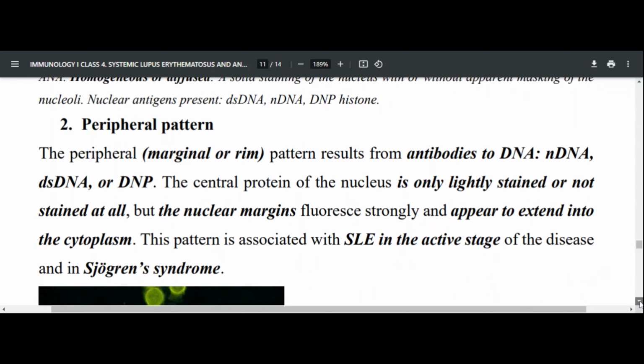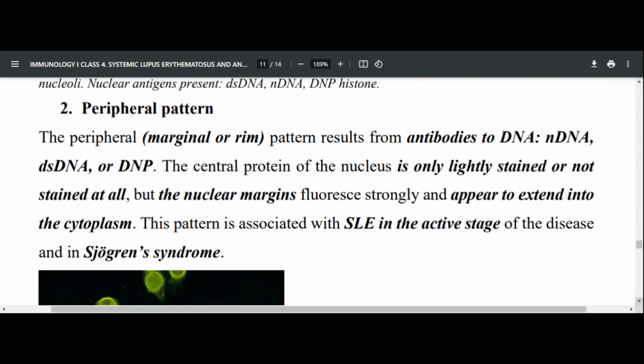The second reaction is what you call a peripheral pattern. The peripheral pattern is also called a marginal pattern or rim pattern, and this results from antibodies against DNA. Here it is either native DNA or double-stranded DNA, or deoxyribonucleoprotein.